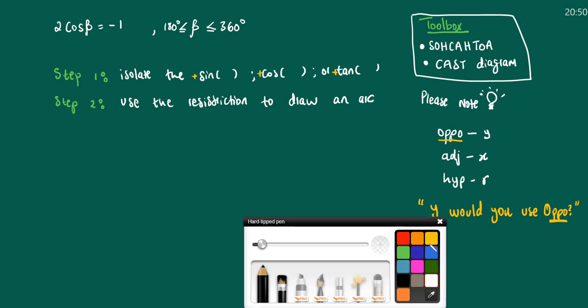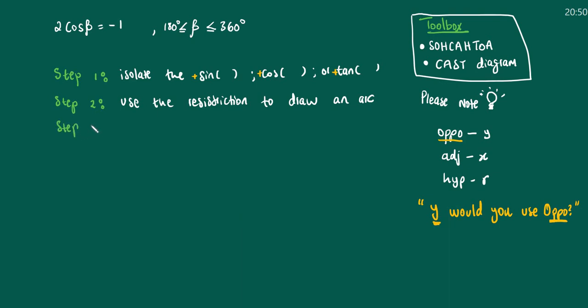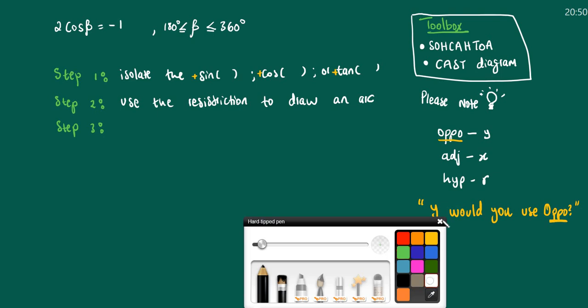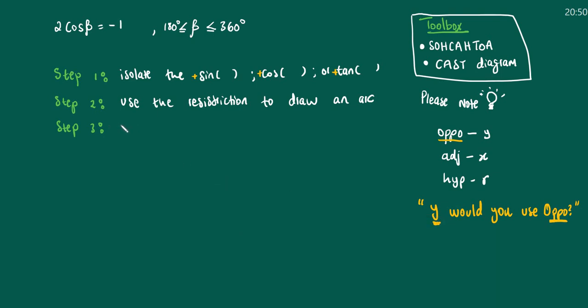Now, that is step number 2. Step number 3: use the sign of the ratio.